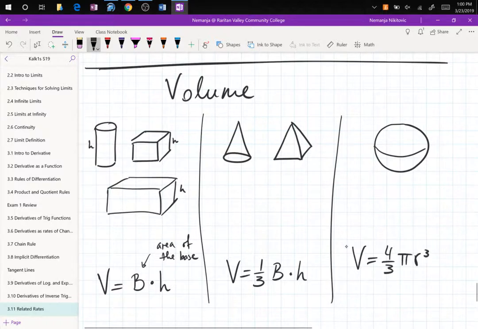Now your Calculus 2 will help you with deriving that formula, or Calc 3. This is it for all volumes across all of the shapes that you encounter. If you can figure out the area of the base, what is it? Is it a square? Is it a rectangle? Is it a triangle?